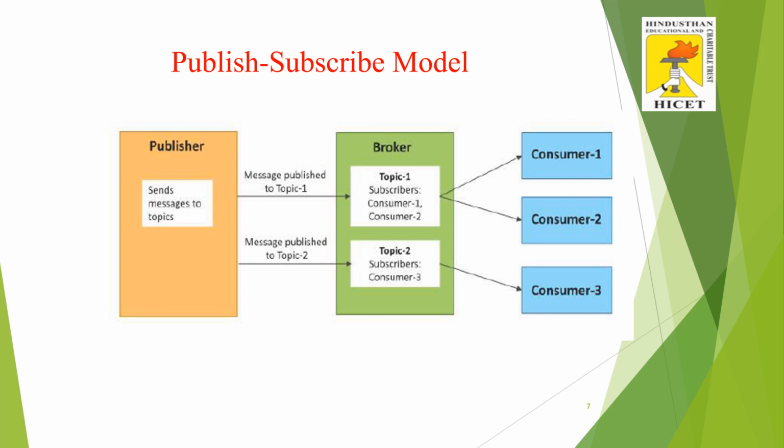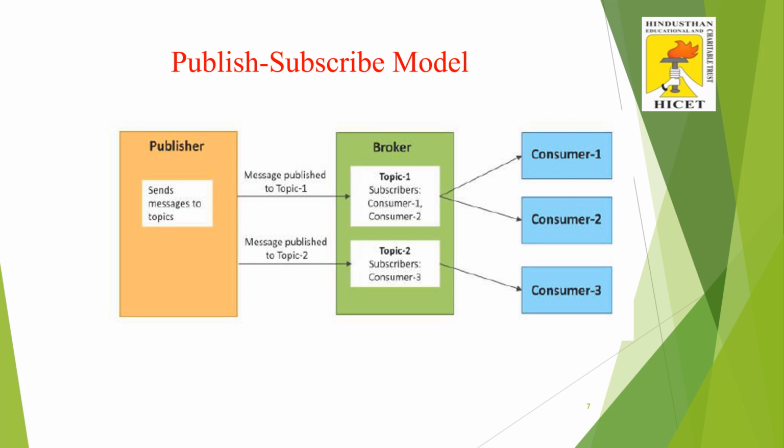The broker has different topics like topic A and topic B. This broker is connected to the subscribers. There are n number of subscribers connected to the different topics. Topic A is connected to all the subscribers. Similarly, topic B is also connected to all the subscribers.